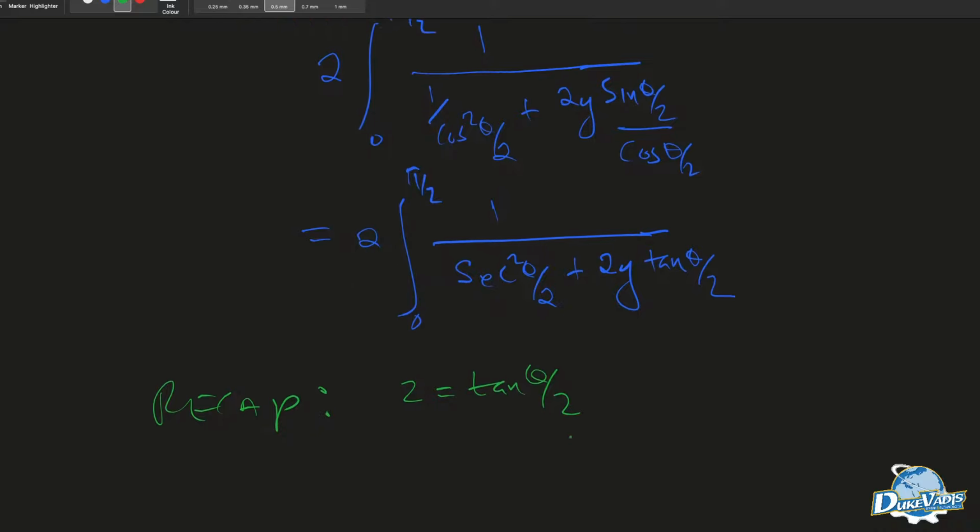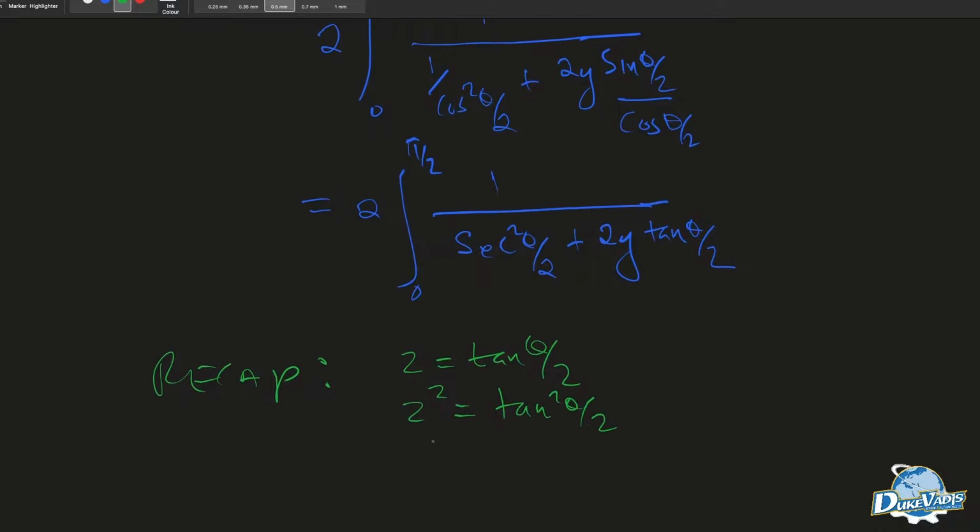And because of that, when we square this we have tan square theta over 2. And also, we had an expression that said that sec squared theta over 2 was equal to 1 plus z squared. Okay, if you remember this earlier, which we'll go back to again, this and that.